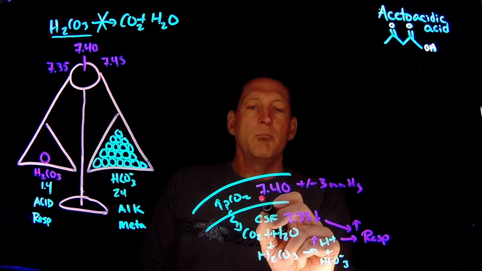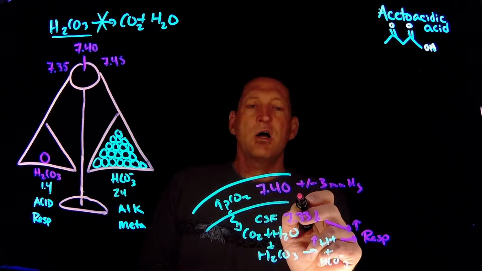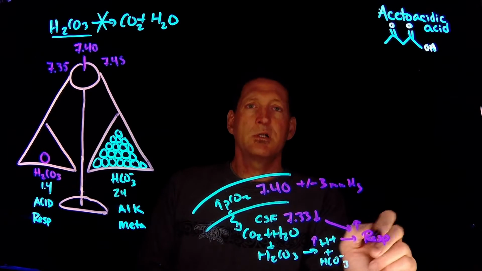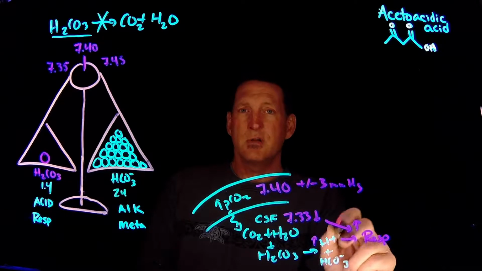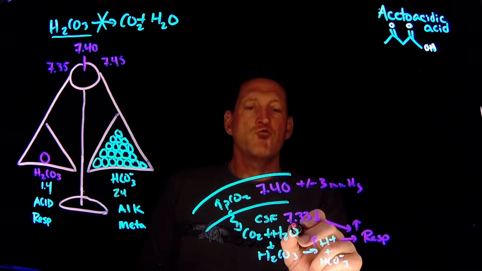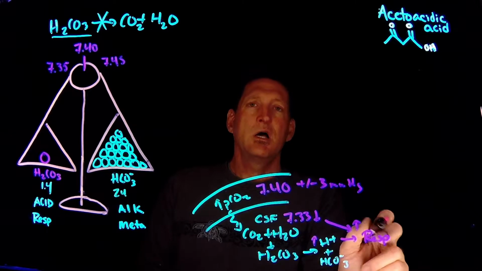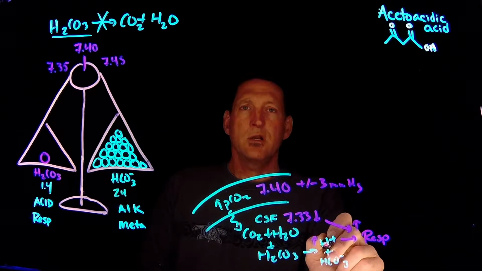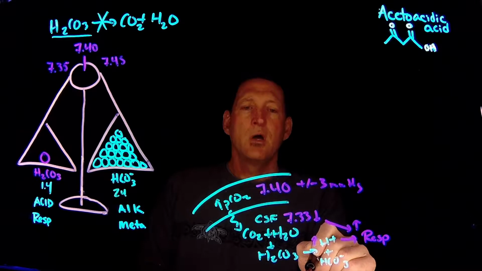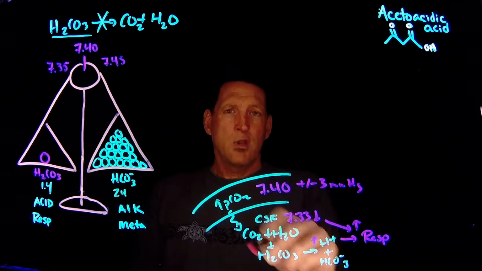However, if I were to bump this, say, to 7.45, I'm going to see almost a doubling of my alveolar ventilation rate. The same thing, if I drop this cerebral spinal fluid pH, I'm going to see an increase in respiration as I'm trying to blow that off. Okay, so that's kind of what's controlling that at the central level.